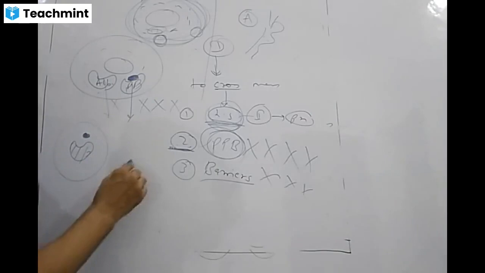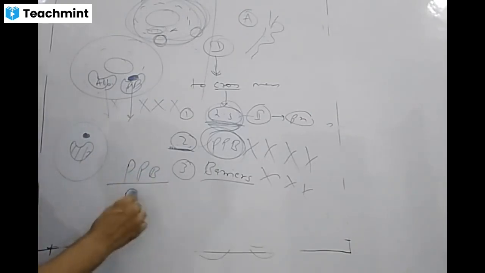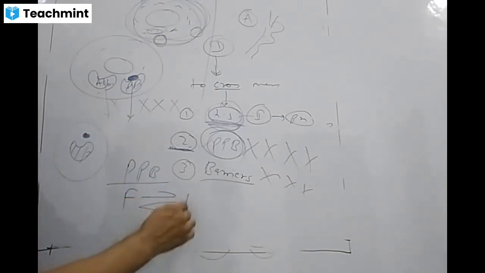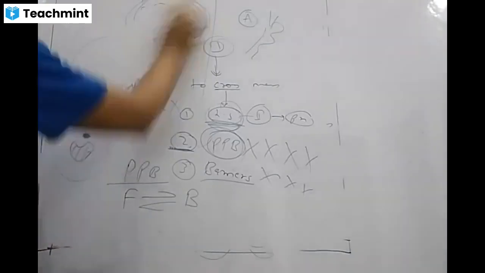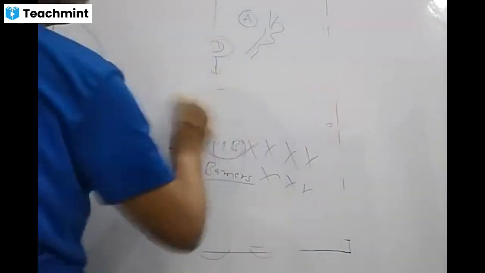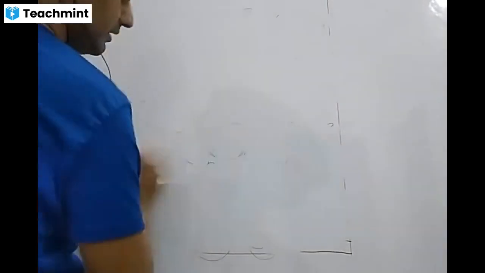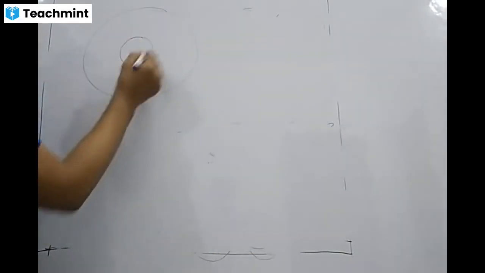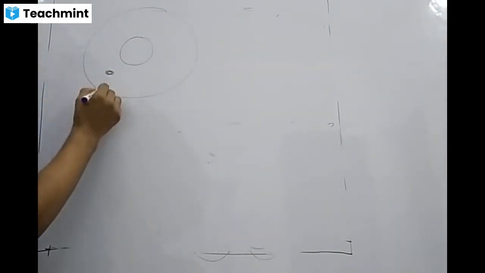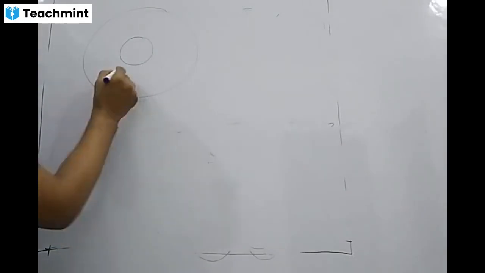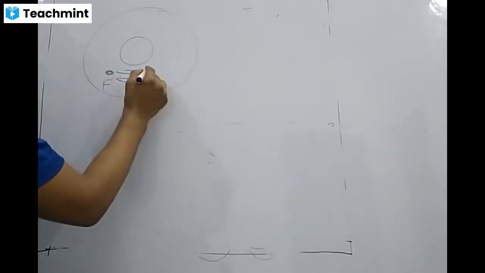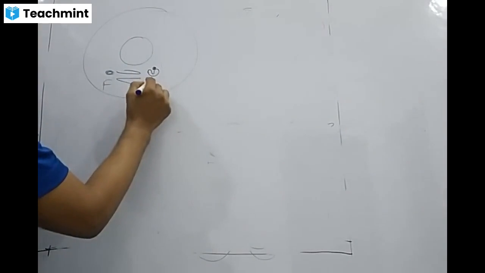Plasma protein binding tells you that the drug exists in two forms. In absorption, we studied that the drug exists in two forms, ionic form and non-ionic form. Similarly, here in distribution, in the case of circulation, the drug exists in two forms: the free form, and the second is bound with the plasma protein.